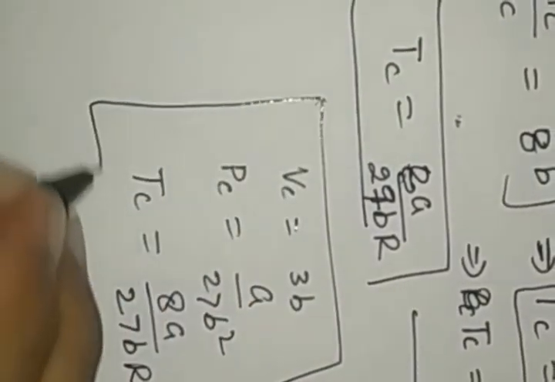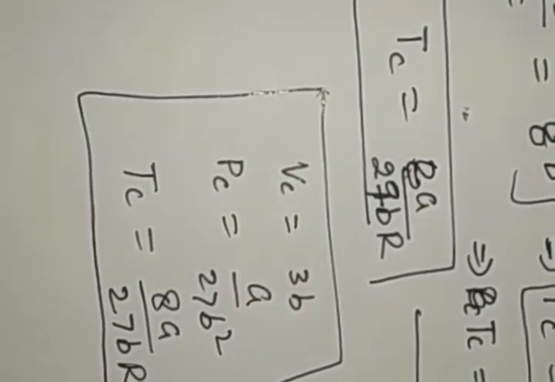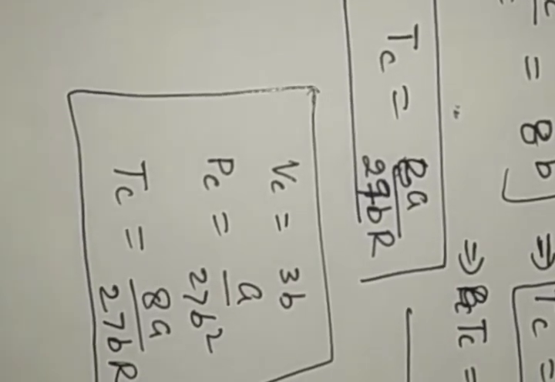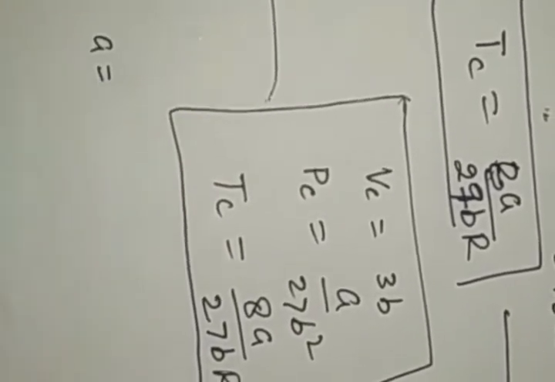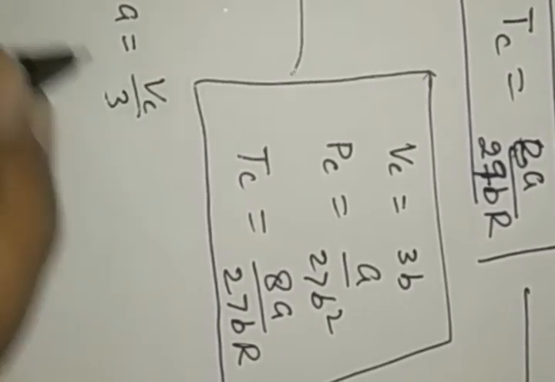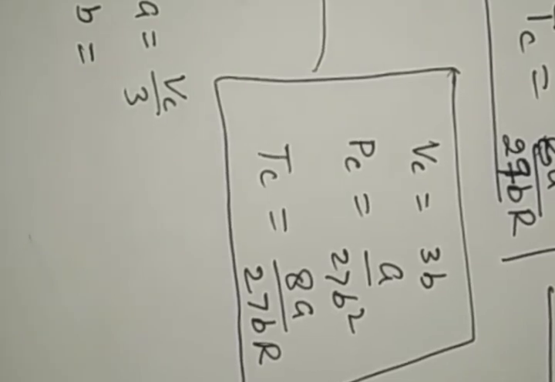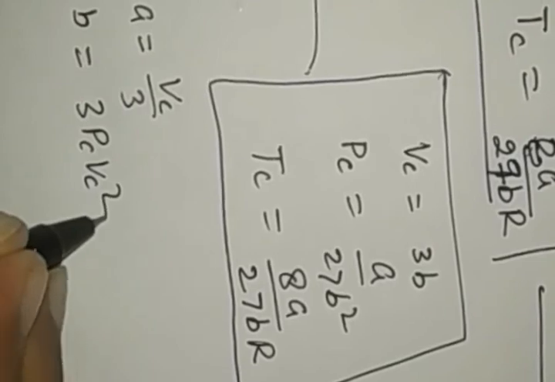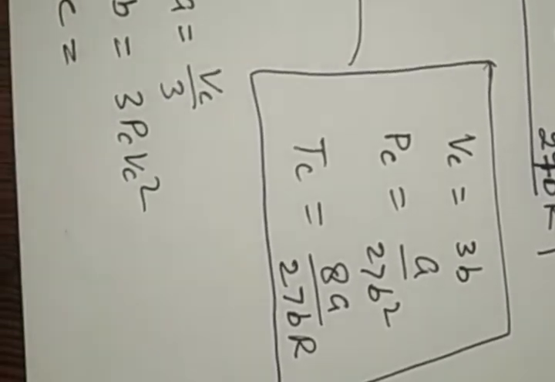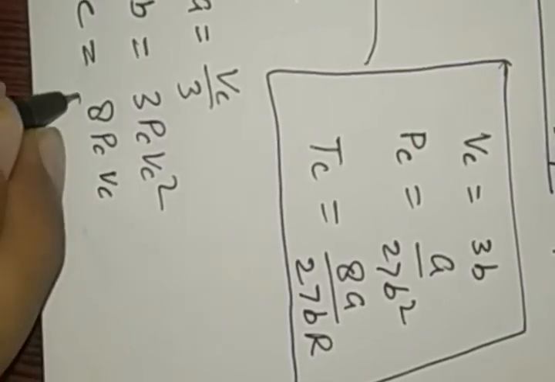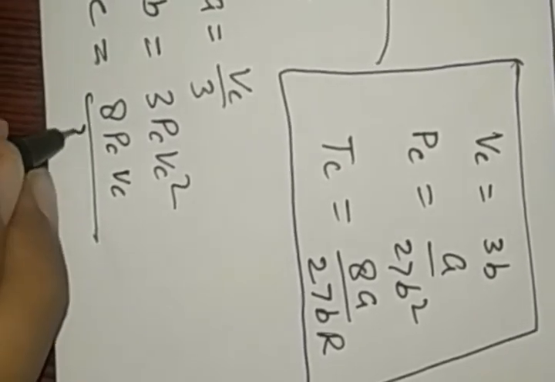So critical values of a gas depend on Van der Waals constants A, B and R. Or we may also write in terms of critical constants: B is equal to Vc by 3, A is equal to 3 Pc Vc square and R is equal to 8 Pc Vc by 3 Tc.